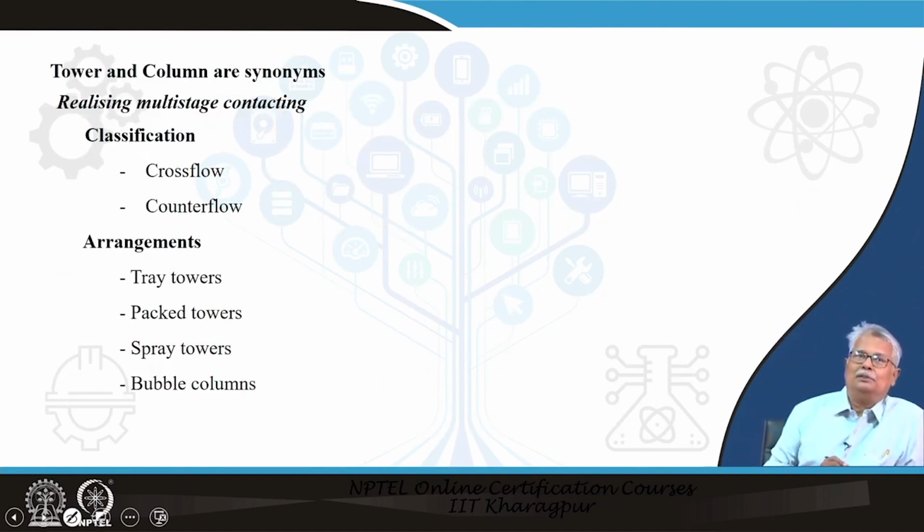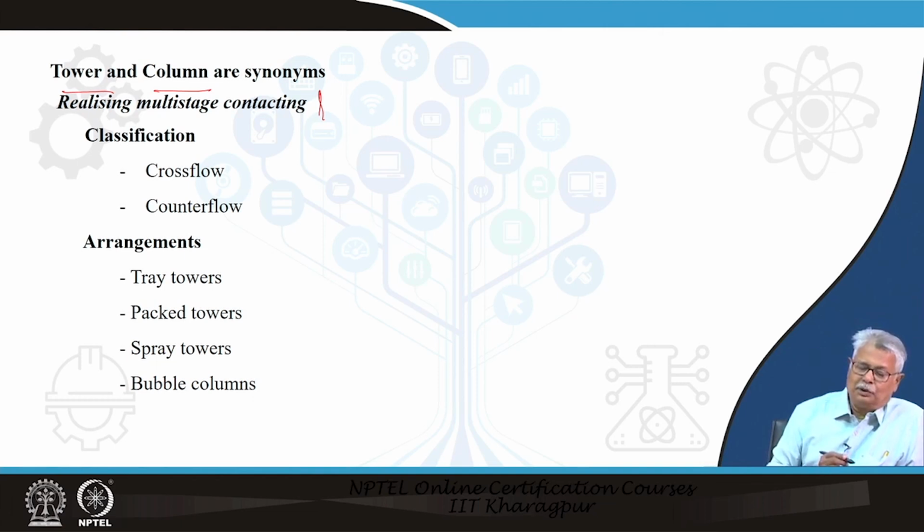Now, I repeat once more that we are going to use the terms tower and column to be equivalent. What are they used for? They are used for realizing multi-stage contacting. That means, in the same piece of equipment, you are expected to provide more than one ideal stage of contacting.